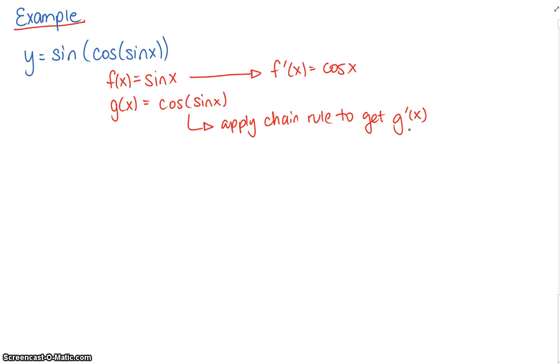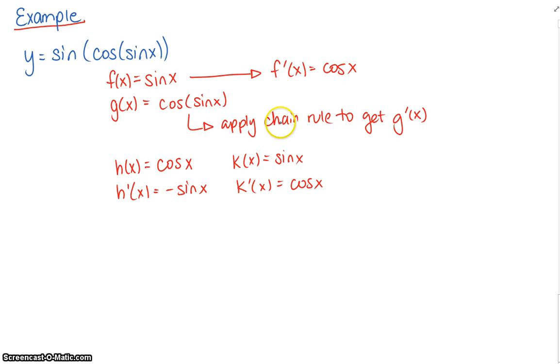So, in order to do that, we'll call it h of x. It's going to be cos of x. H prime is negative sine of x. And what we're plugging in, let's use k of x, and we're going to get sine of x.